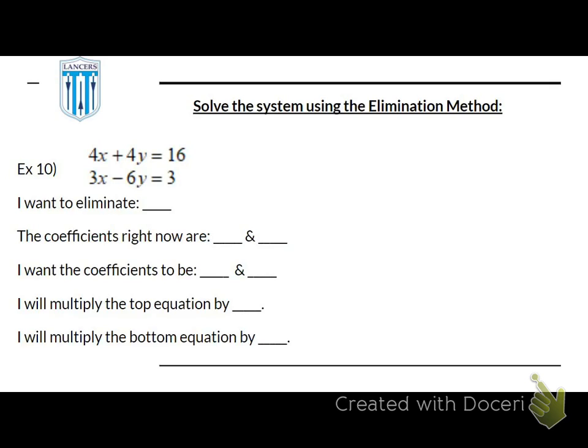So from the beginning, you decide what you want to eliminate. Now on this one, in my opinion, there is one option that's just a teeny tiny bit better than the other, and that would be to eliminate y. Can anybody think of why?